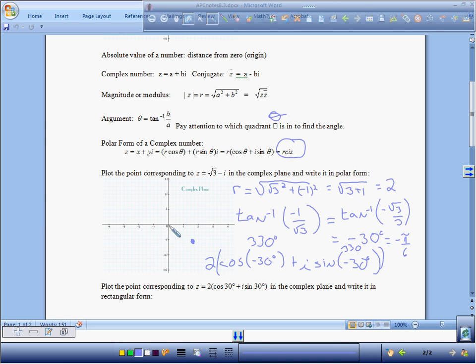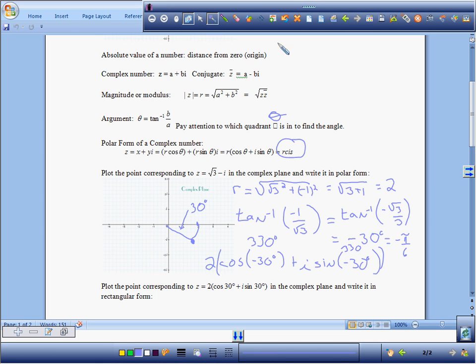So in other words, I could have gotten to this point by going over 2 and then rotating through an angle of negative 30 degrees, where that angle would be 30. You understand? It's just like polar coordinates, except you're talking about the i direction instead of the y direction.